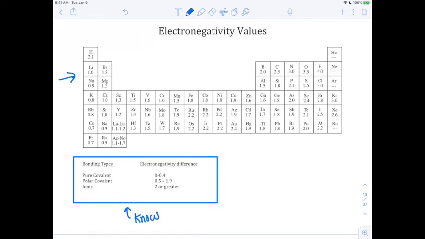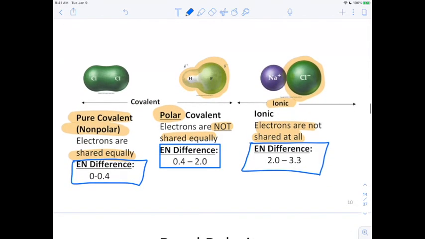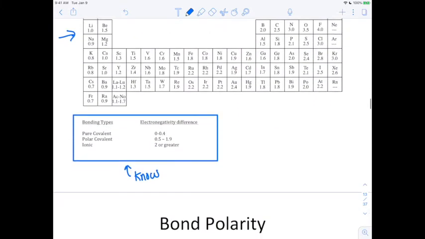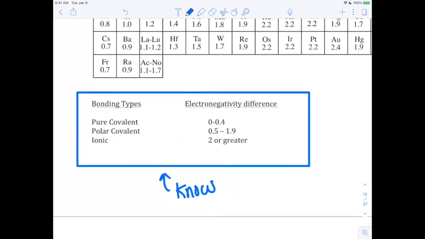What is the polar covalent from the notes, like 0.4 to 1.9? I didn't quite catch that. So why was the polar covalent... I did see that the EN difference for polar covalent is 0.4 to 2, but on the little note table you have over there, it's 0.5 to 1.9.